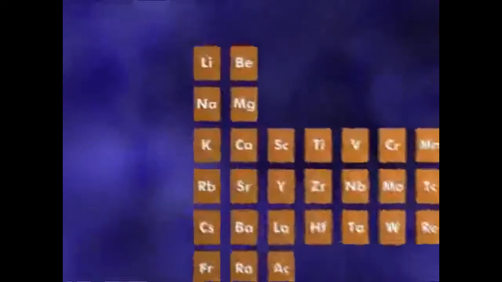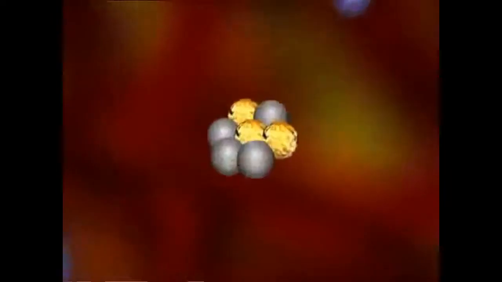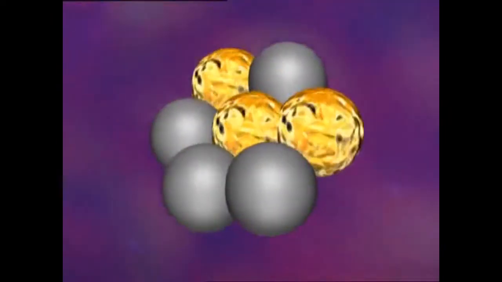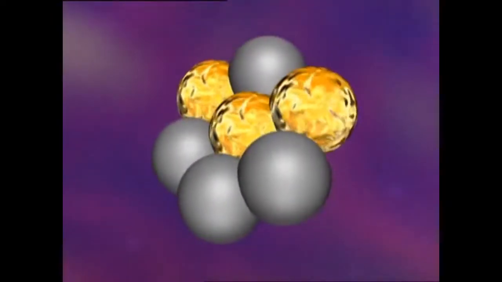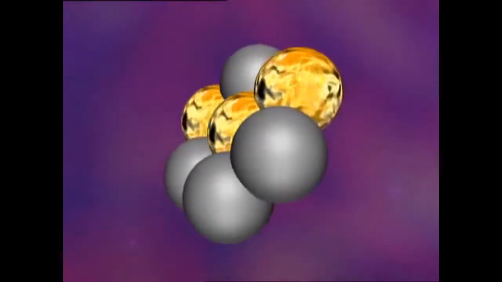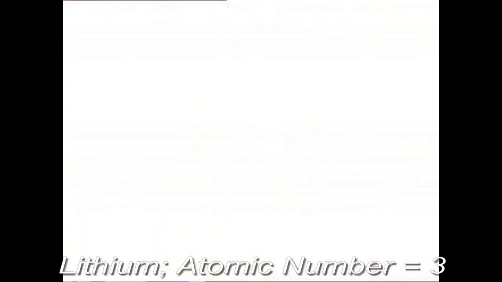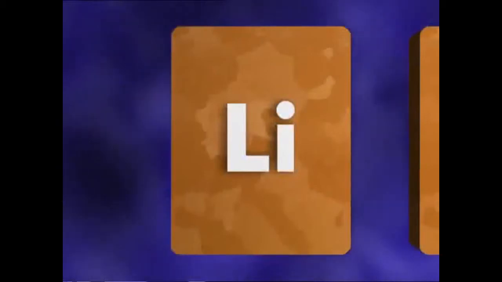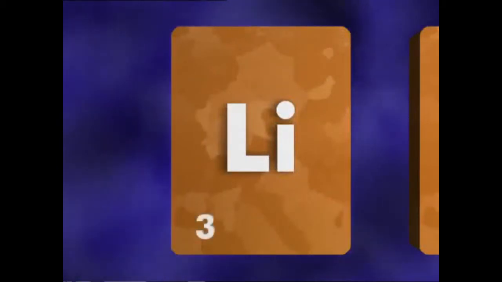The next element along the periodic table is lithium. Orbiting round each lithium atom are 3 electrons. In the nucleus there are 3 protons and 4 neutrons. So what's the atomic number of lithium? The number of protons is 3, which means that the atomic number is also 3.